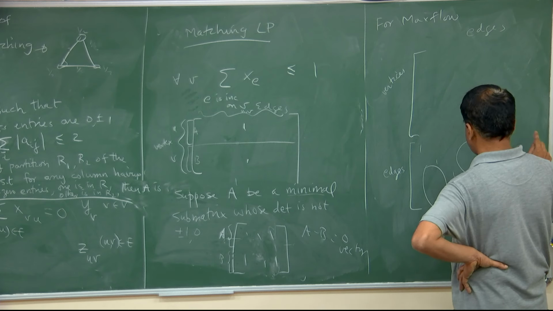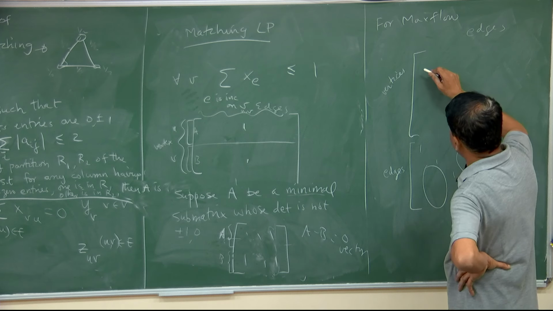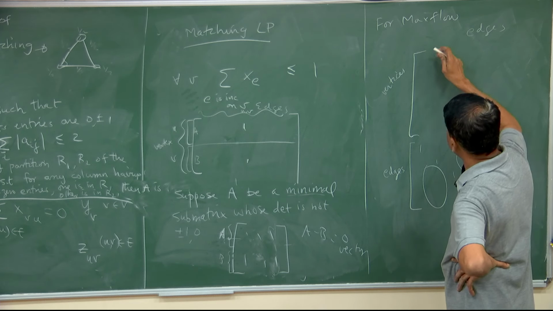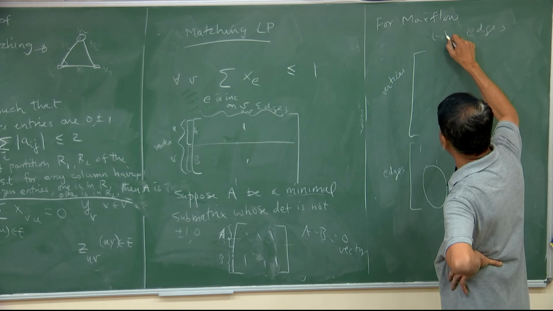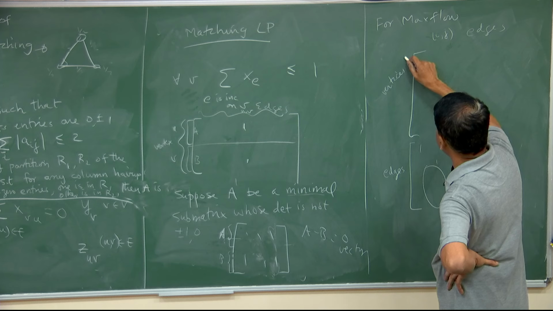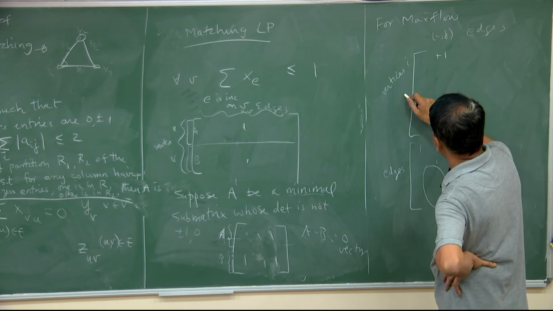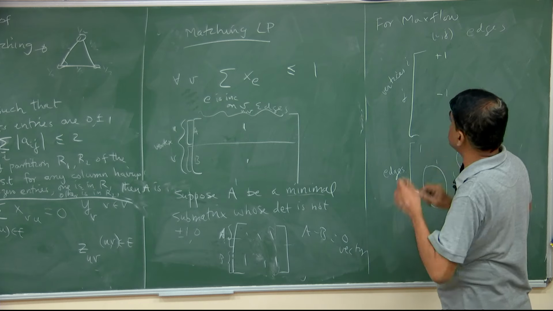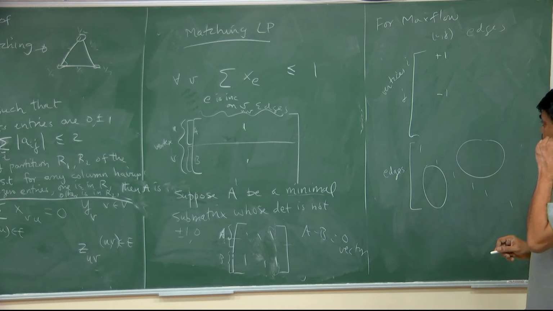They really don't play much role here. And for every vertex, you look at an edge ij. So if this is i, there will be a +1 here, and whenever j, there will be a -1 here. That's all there is.